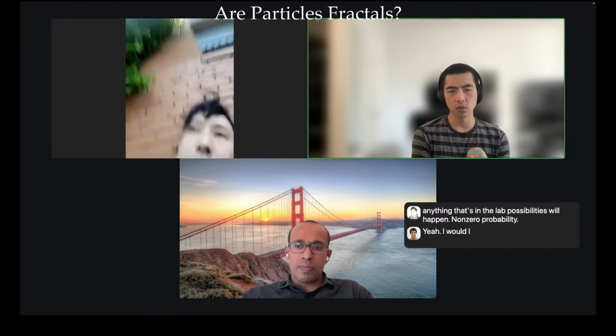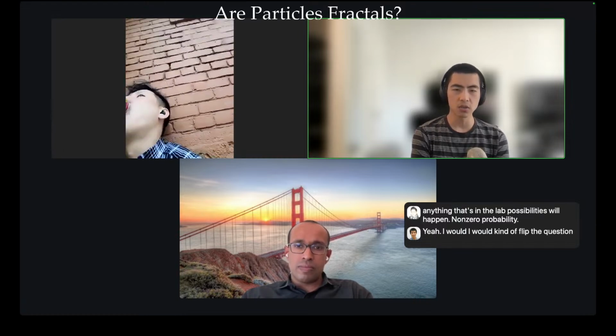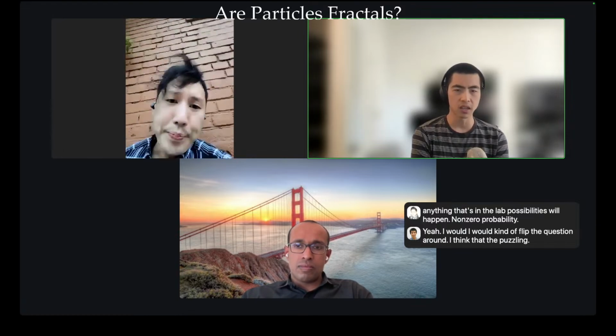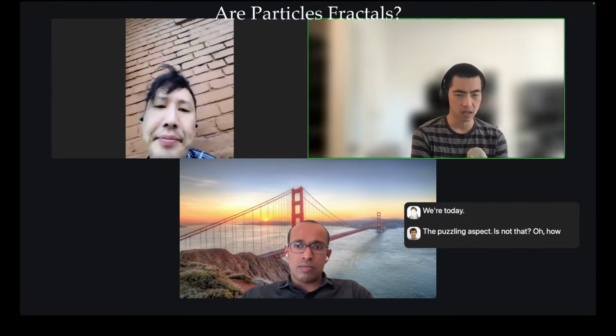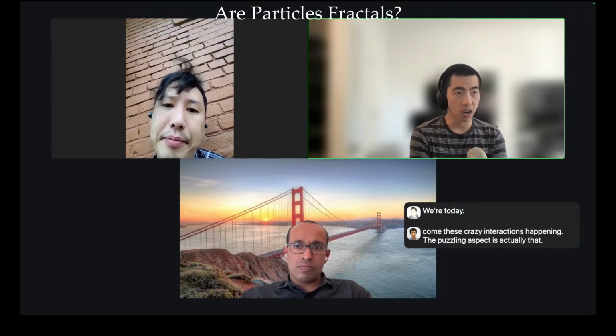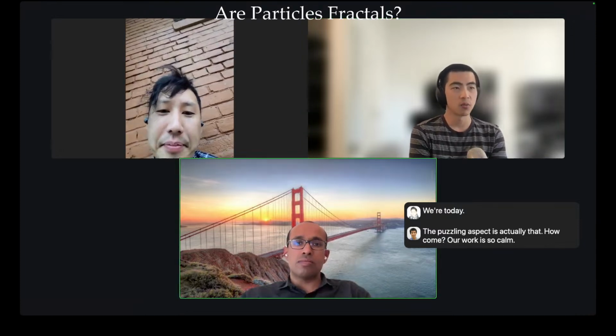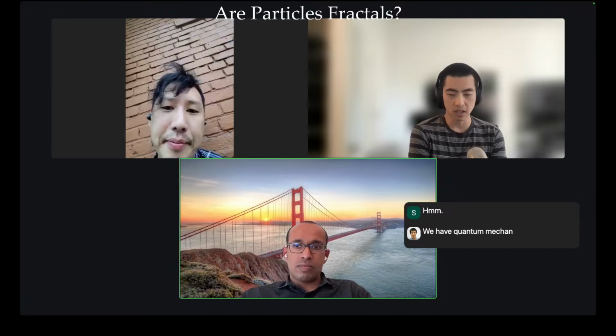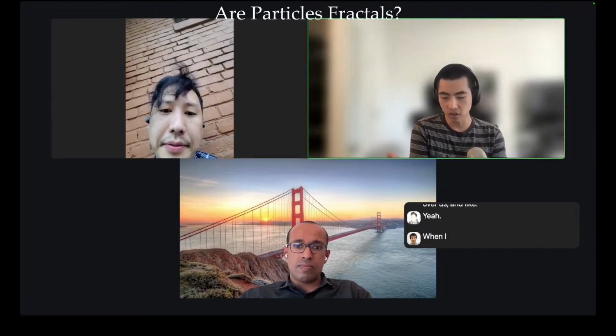I would kind of flip the question around, right? I think the puzzling aspect is not how come all these crazy interactions are happening. The puzzling aspect is actually how come our world is so calm? We have quantum mechanical particles all over us, and when I see my hand, I don't start a nuclear reaction.